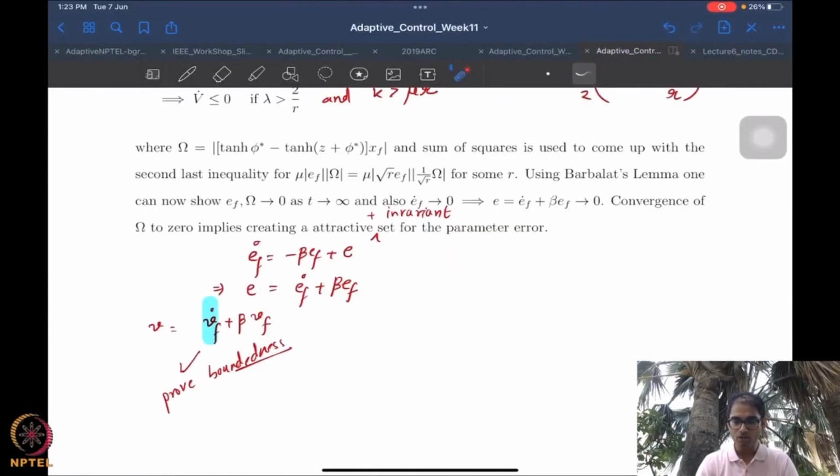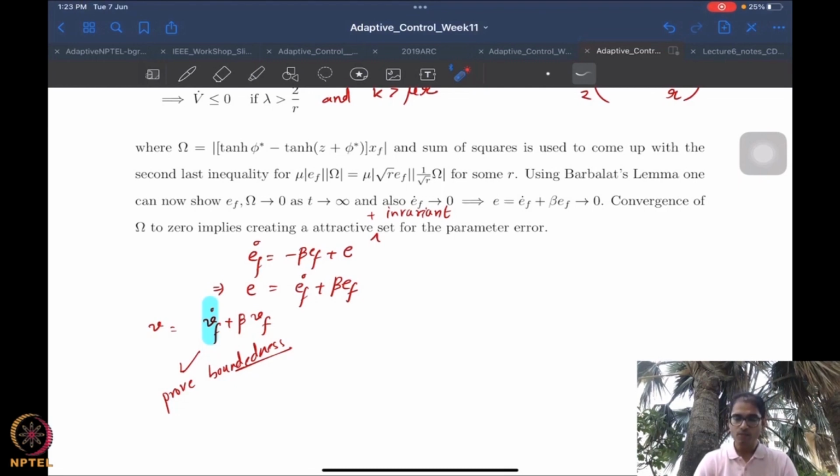I'm not going into that right now, because for the sake of time we have to restrict our material. But this is a pretty solid, pretty good way of doing parameter projection, and parameter projection, as you can see, is critical in adaptive control.